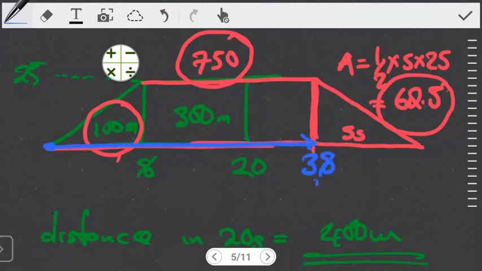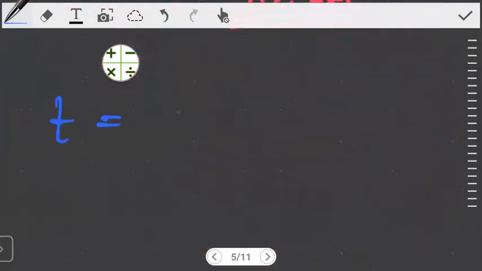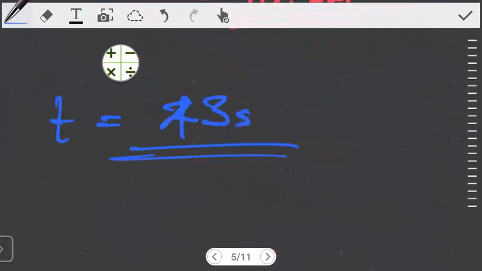But it takes an extra 5 seconds to come to rest. So just add the 5 seconds to the 38, and we saw how we got 43. So the total time of this journey is 43 seconds.